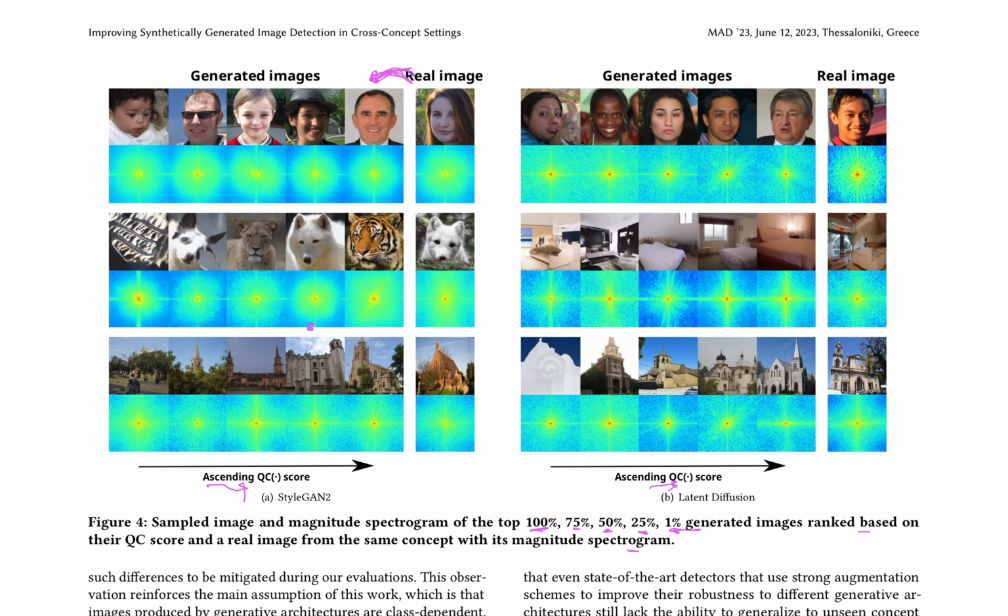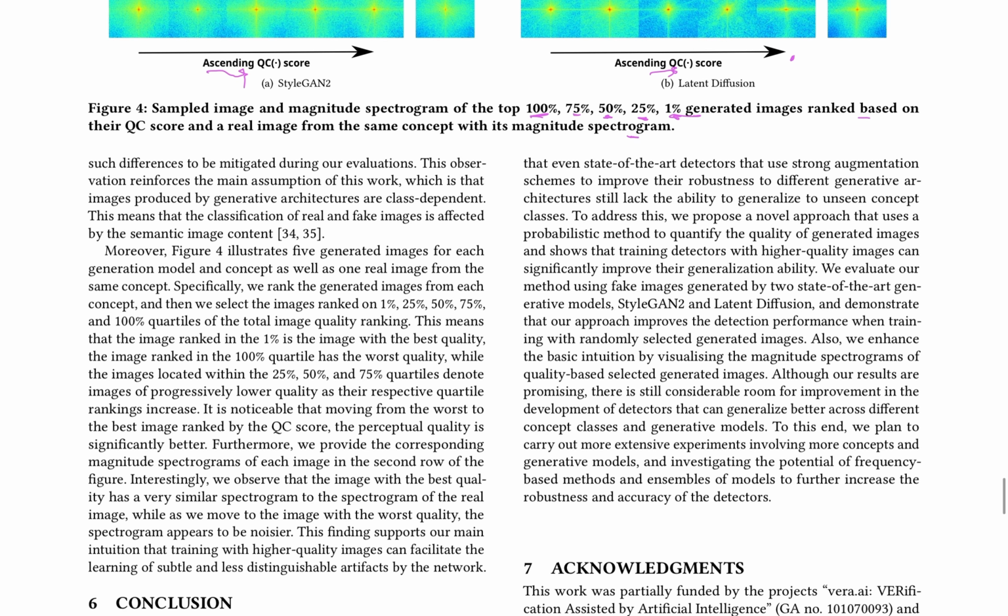That's very evident here, right? This and this are very, very close than any of the other ones. Again, that's quite evident in latent diffusions as well. All right.